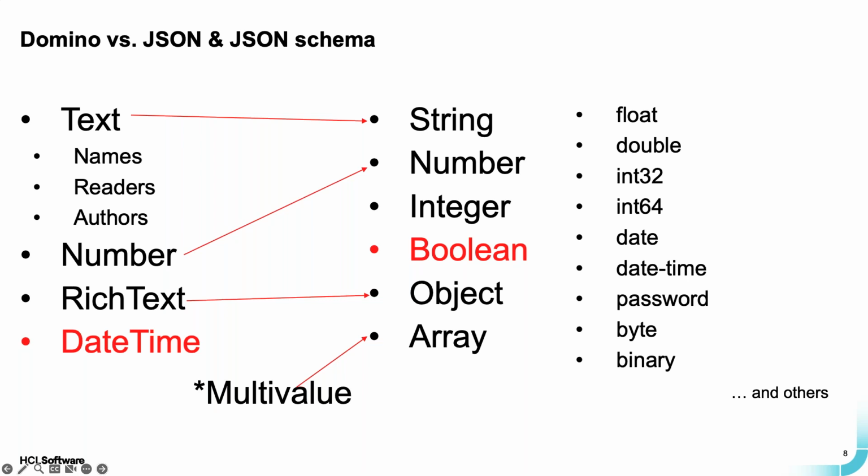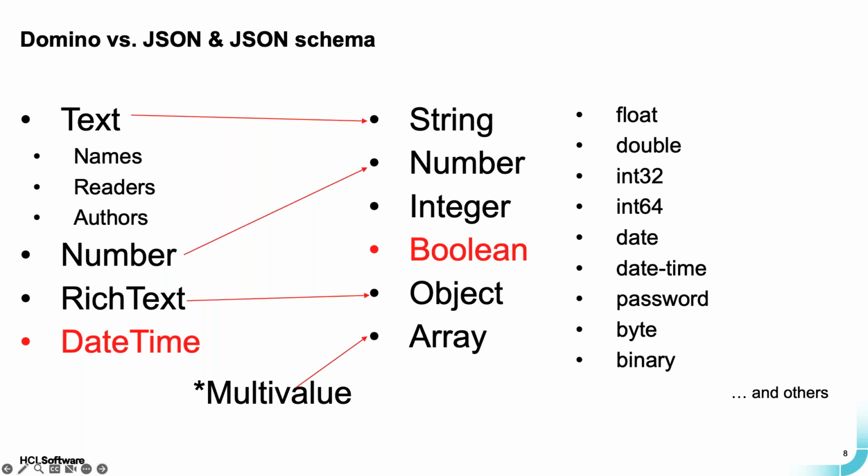Equally, date time is a specific data type in Domino, but when it comes to JSON, it's a string of format date-time, or format type date rather. So there are differences in the mapping that have to happen, and number fields map directly nicely to numbers.